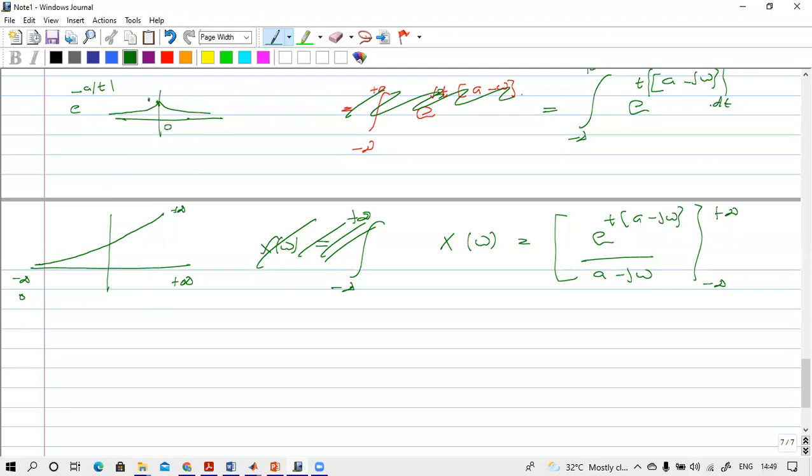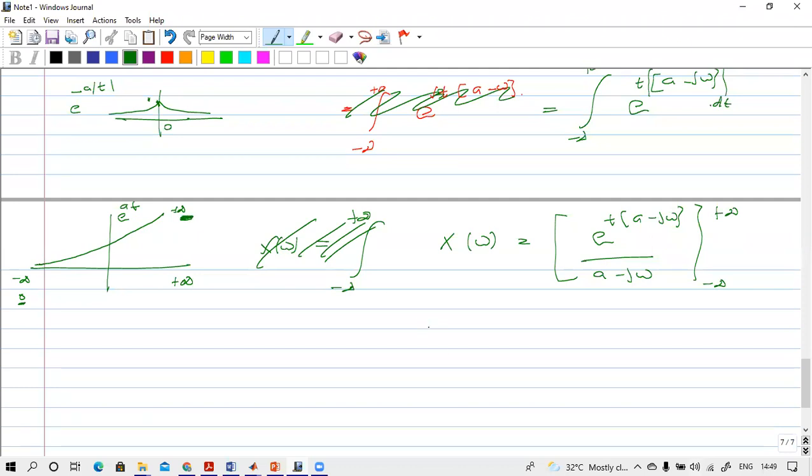without the absolute value, this signal looks like this. At minus infinity it is 0, and at plus infinity it is again infinity.